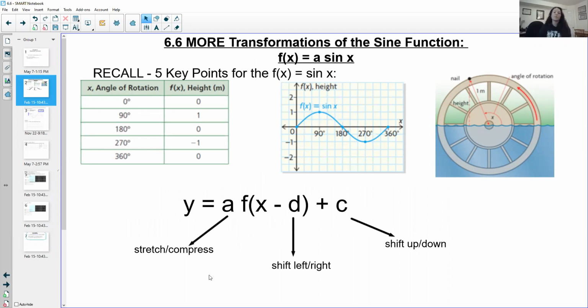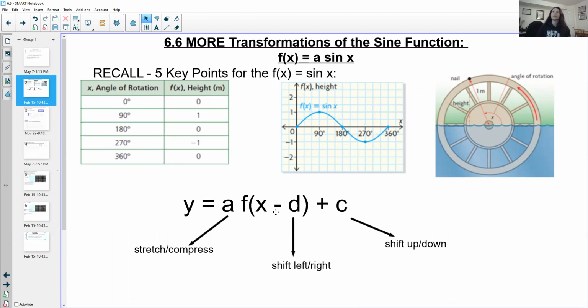The other thing you need to remember is from our quadratics unit when we started stretching and compressing functions, and it's also a refresher from yesterday. Any value that is added to the end will shift your graph up or down. Anything on the inside will move it left or right. The only part you have to be aware of is that this has a minus sign in the equation.